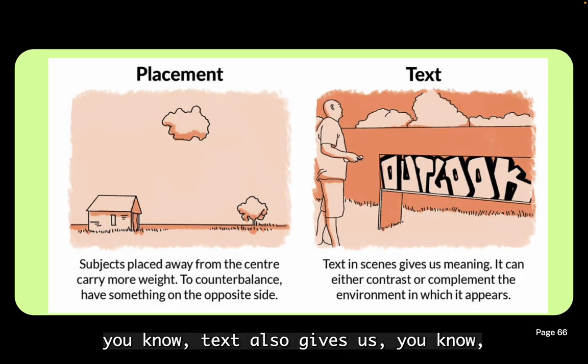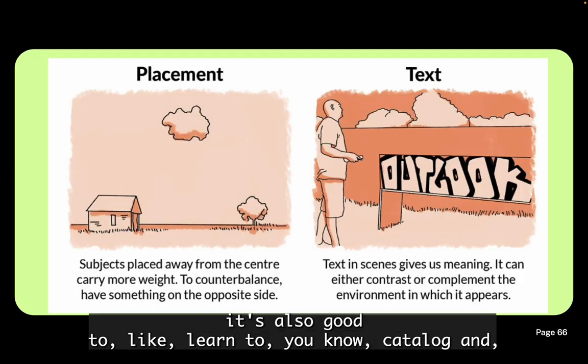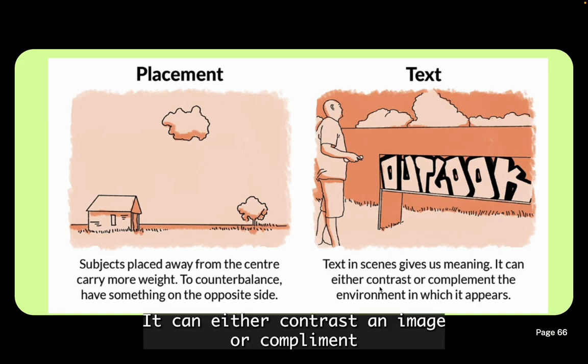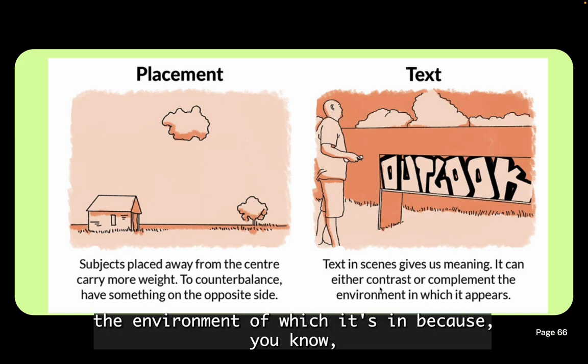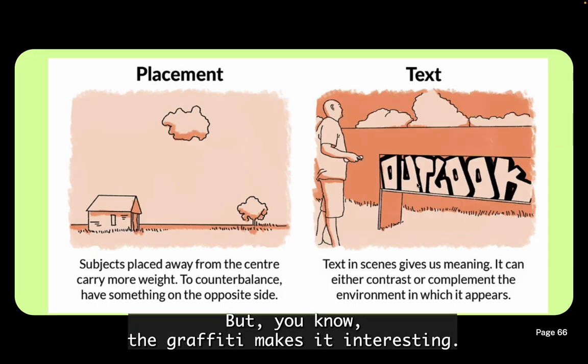Text also gives us a form of context, it's a form of art. It's also good to learn to catalog and photograph text that you see, like graffiti. It can either contrast an image or complement the environment it's in, because if there's just a blank wall, grass and sky, it's kind of boring, but the graffiti makes it interesting.